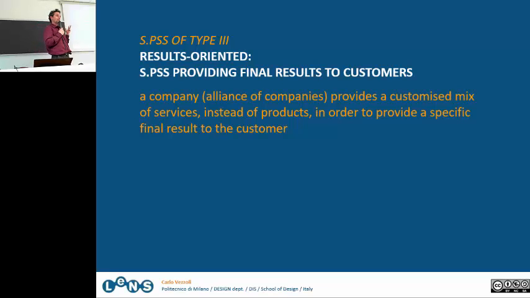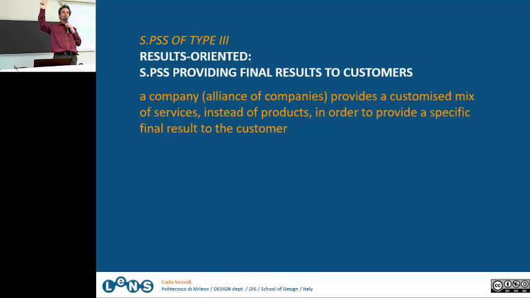This third type, the last one, is called result-oriented or sustainable product service system, providing a final result to the customer. So it could be a company or an alliance of companies providing a customized mix of services instead of product in order to provide a specific final result to the customer.